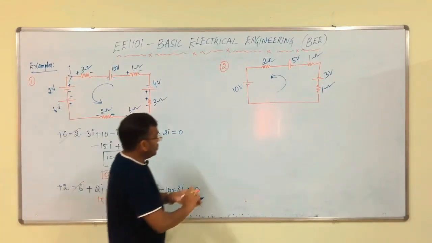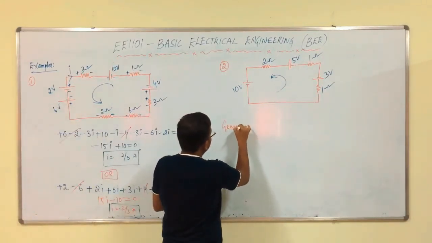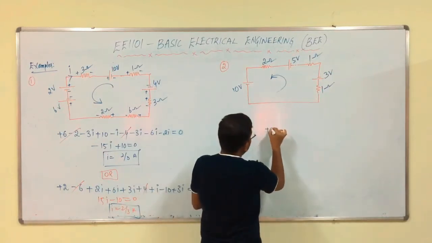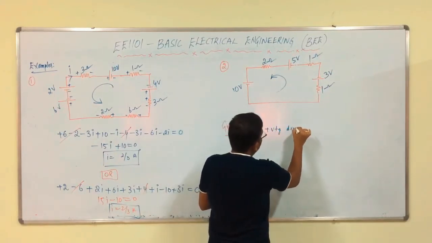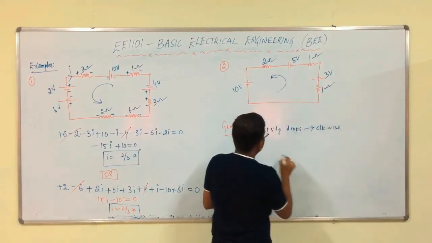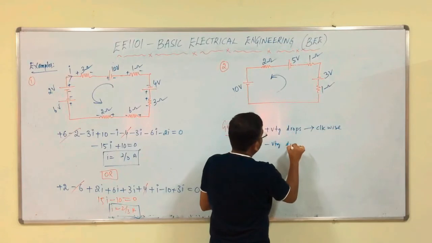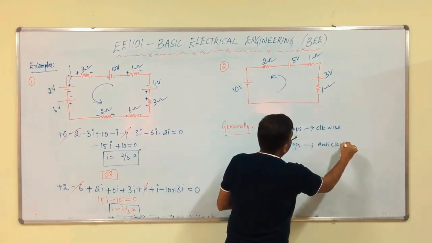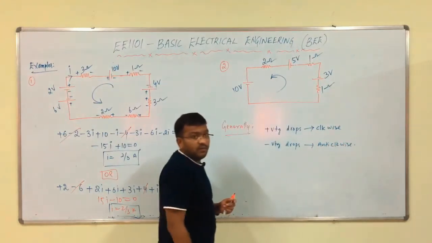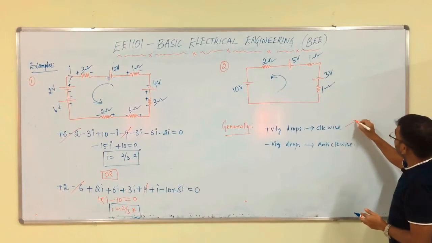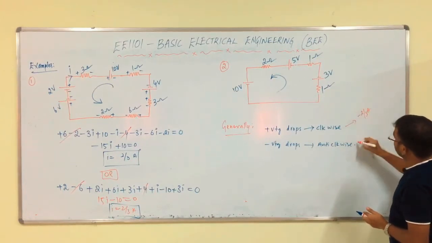So, generally we are assuming positive voltage drops for clockwise direction, negative voltage drops for anti-clockwise direction. For this we got minus 2 by 3 amps.